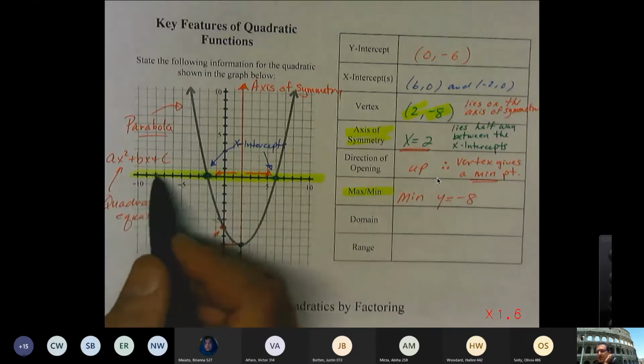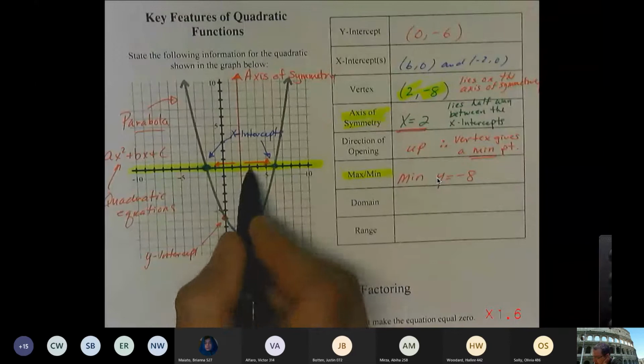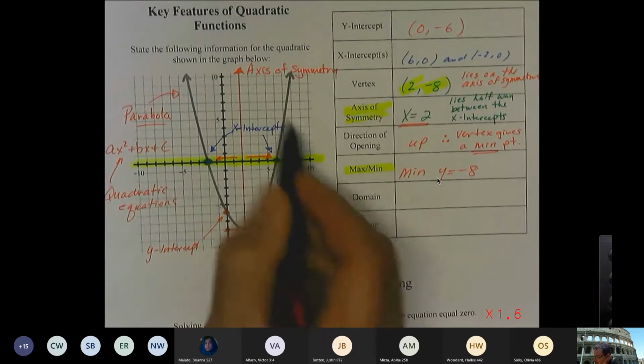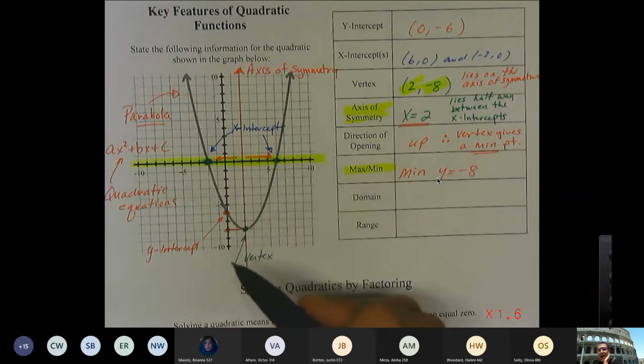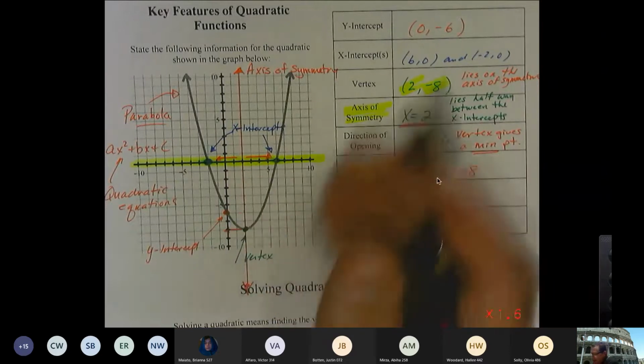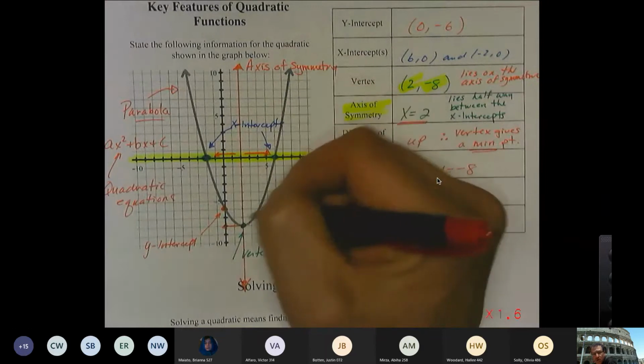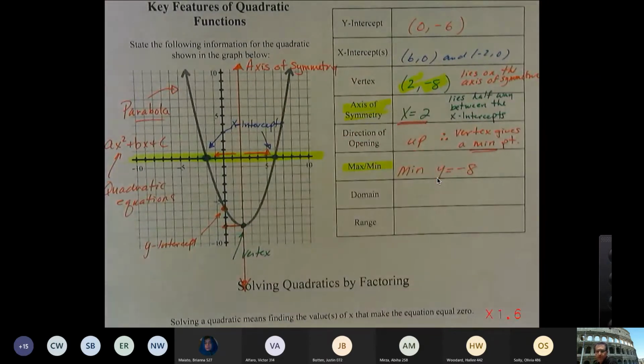What that means is every single value of x has a corresponding position on this curve. As this parabola keeps moving up and up and up, it keeps using up all the different values of x.